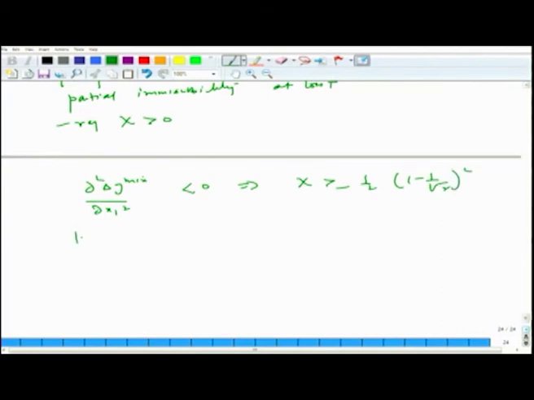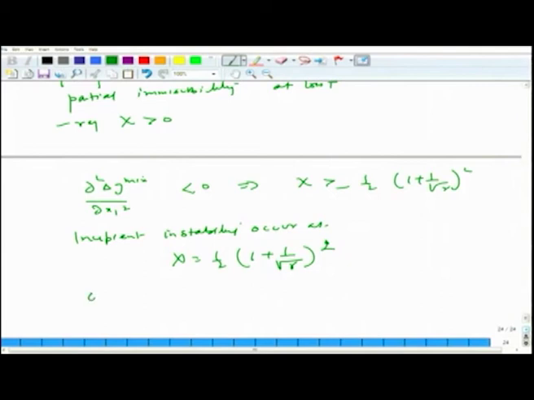So, incipient instability, that means when it is equal, occurs at chi equal to 1 by 2 times (1 plus 1 by root r) squared.